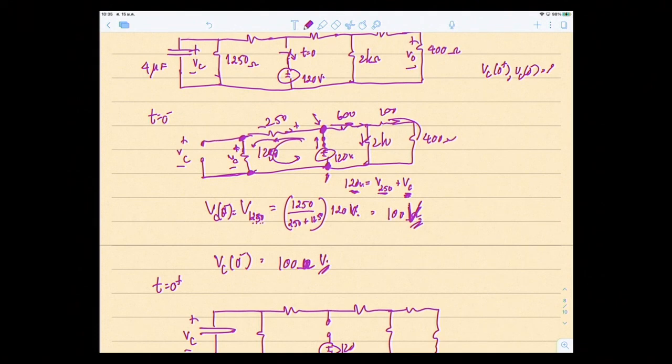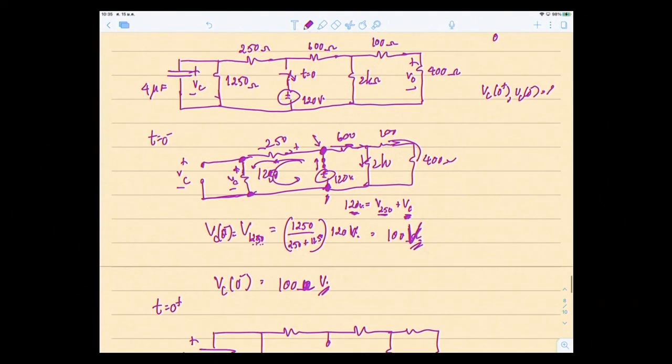This is another way to find the initial value of the voltage across a capacitor. In other words, when you start solving a problem with a capacitor or inductor, in this case a capacitor, you have to find out if there is any energy stored in the capacitor by finding VC. That's the first thing you always do.